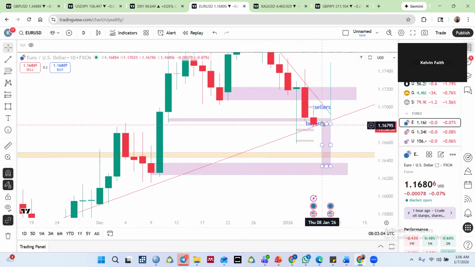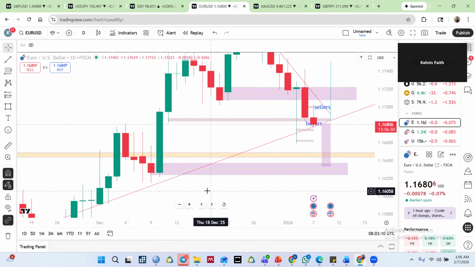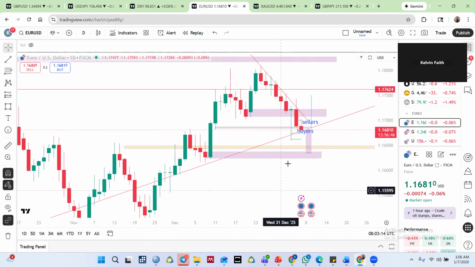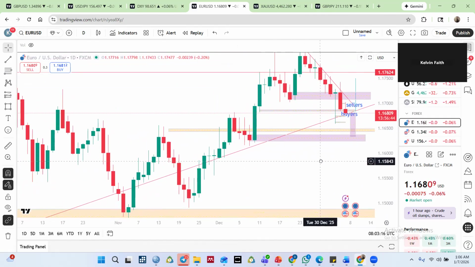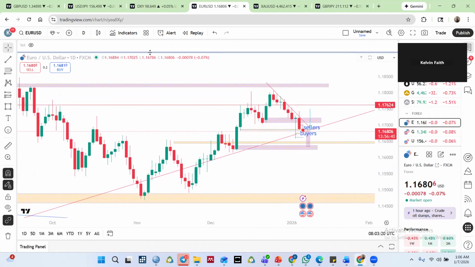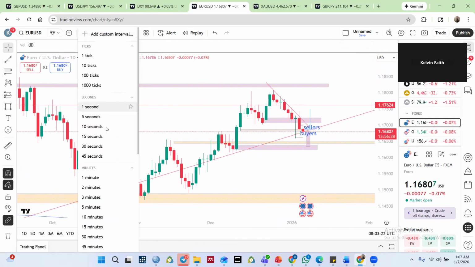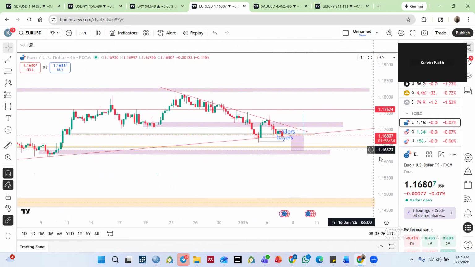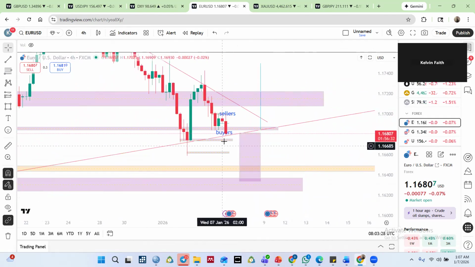Yeah, so I think from this area, if price should be selling to this next level down here, that's going to be a decent trade to be in. So let's see what will happen at London session on the 4 hour.